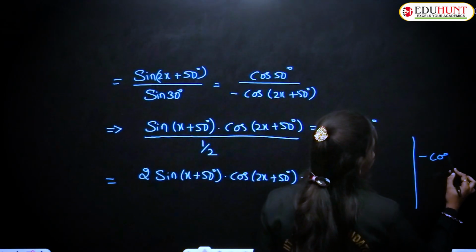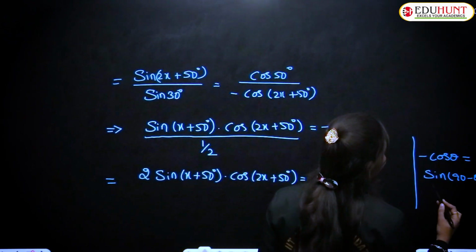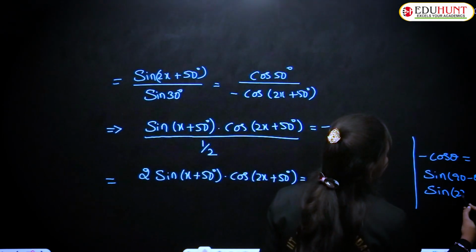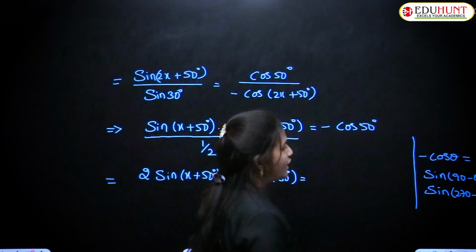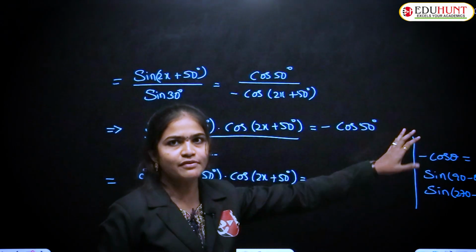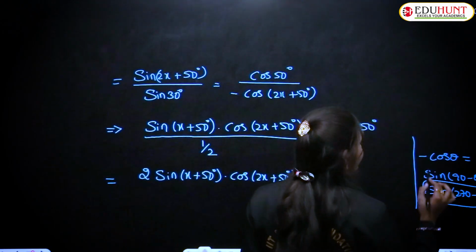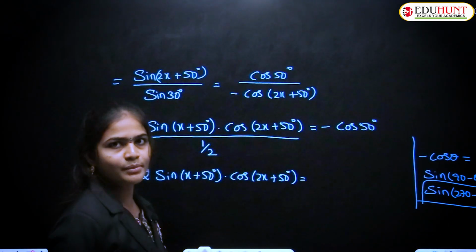So minus cos theta, where we will get sin of 90 minus theta and sin of 270 minus theta. So sin of 90 minus theta means again we will get this one as cos 40 degrees. That value also we don't know. So that's why here we can take that angle as sin 270 minus theta.